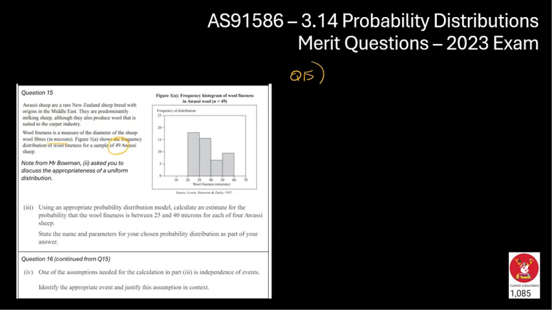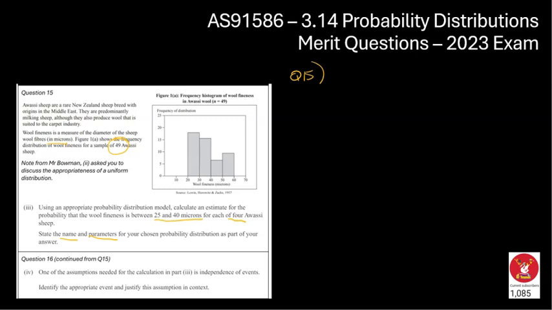The question asks us, use an appropriate distribution model, calculate an estimate for the probability of a wool fineness between 25 and 40 microns for each of the 4 sheep, and it specifically said to state the name and the parameter of the distribution that you're looking at.